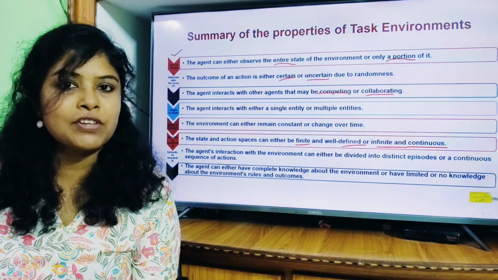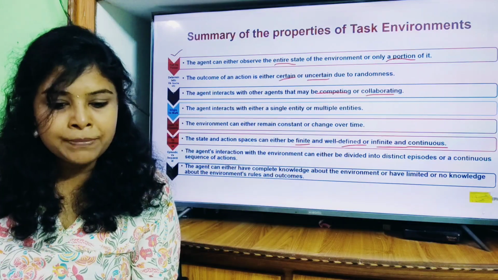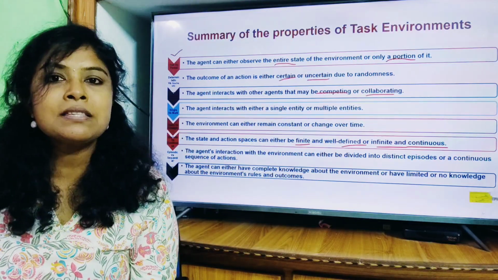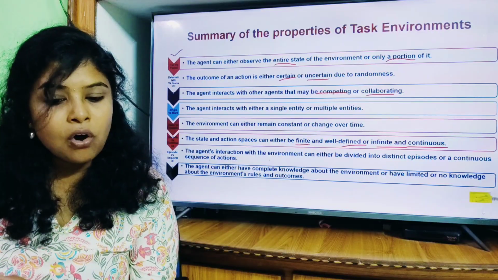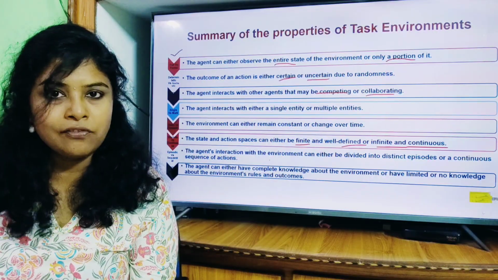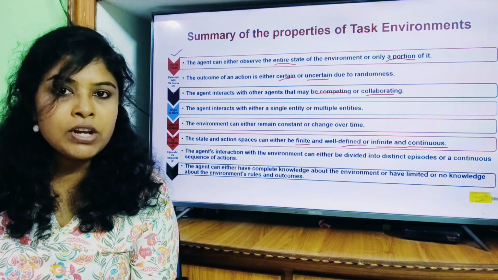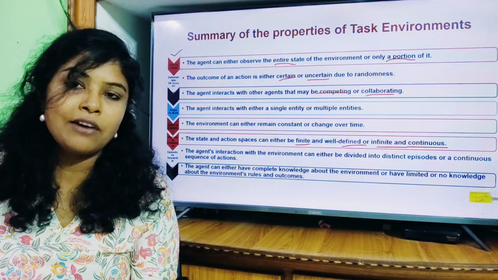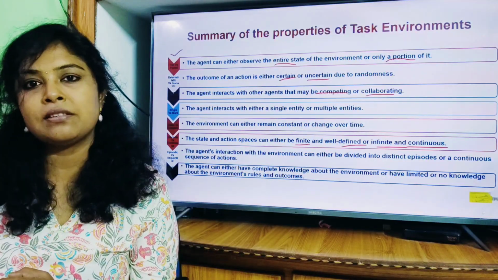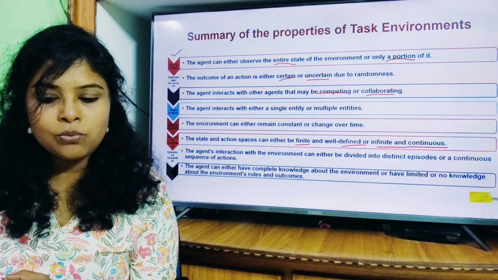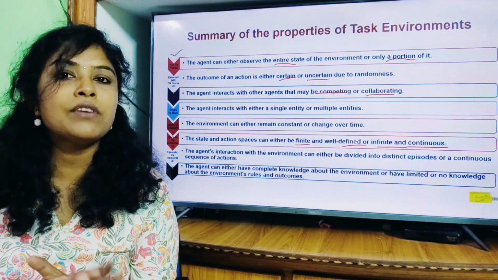You can take the example of a chessboard or a tic-tac-toe game. Coming to the next one, episodic and sequential. In an episodic environment, the current state will not affect the next sequence of actions. Whereas in a sequential environment, the current state will affect the outcome and therefore it will affect the next sequence of actions. And the last one, it depends on known versus unknown.